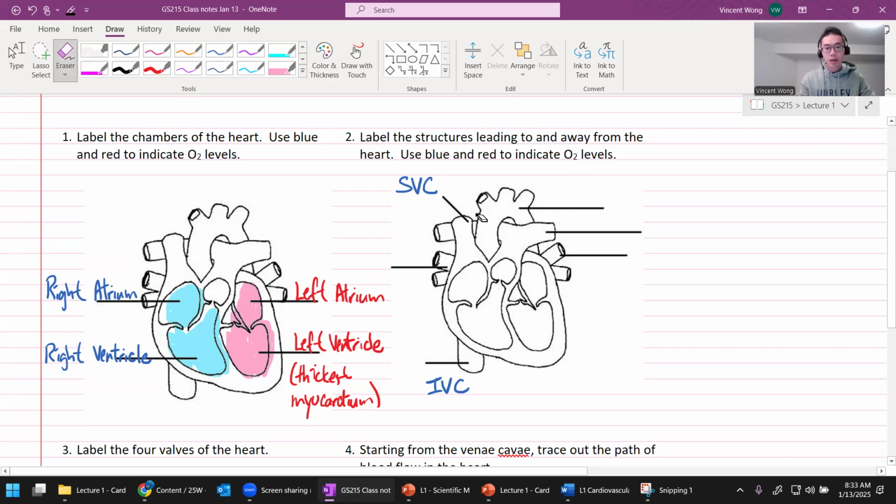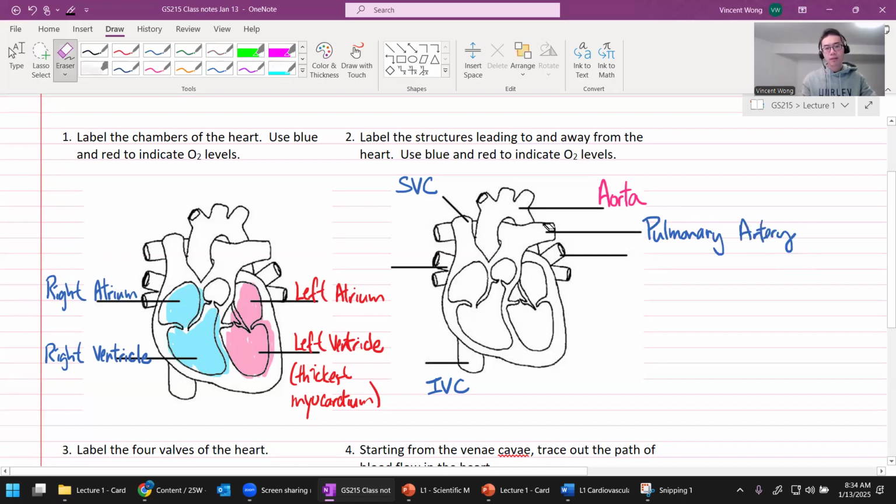Over here at the top, we have the aorta. Over here, the blood is going to go through this artery and send it to the lungs, and that would be the pulmonary artery.